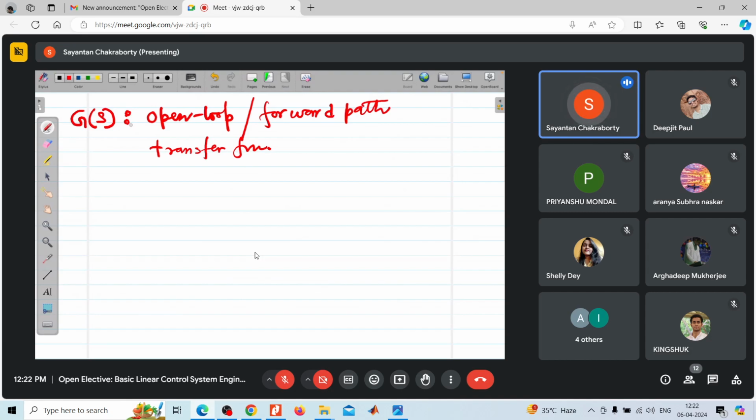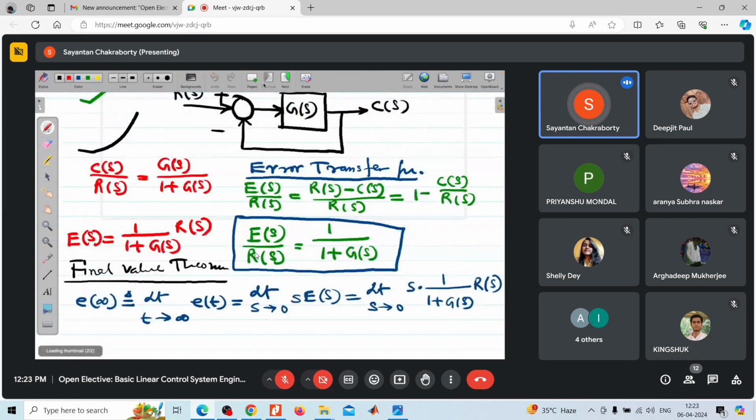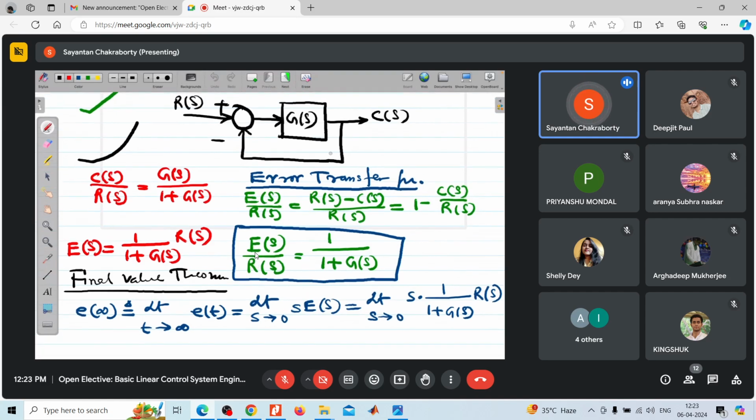And I'll again remind you that there is nothing like a purely unity feedback system. You cannot have this simple line coming from here to here, because there are always sensors, transducers, and signal conditioning components present, right? And they give a feedback signal, which is a representation of the output, properly converted to a signal which can be compared with the reference signal.